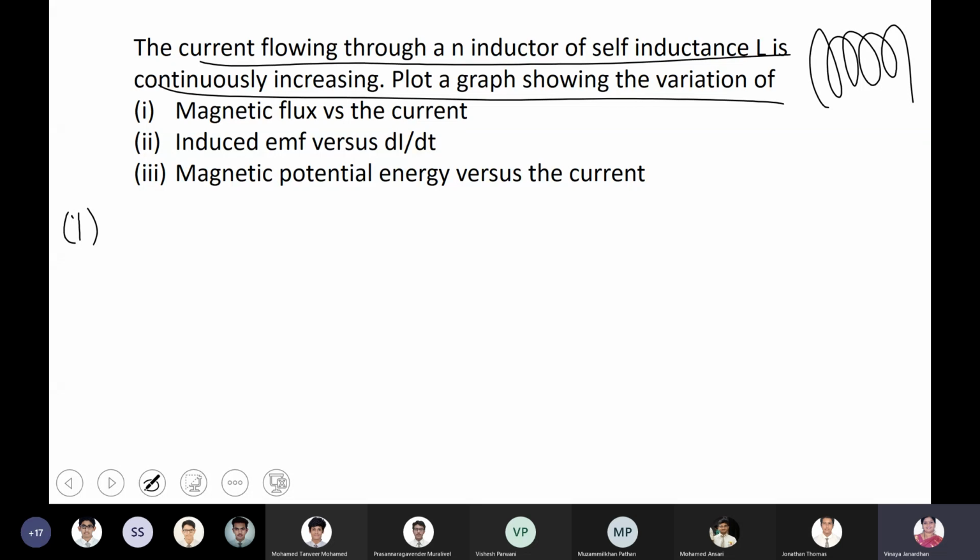Have you seen the starters in your... Boys, what are the starters? Have you heard about these starters? Where do you come across this term starters?